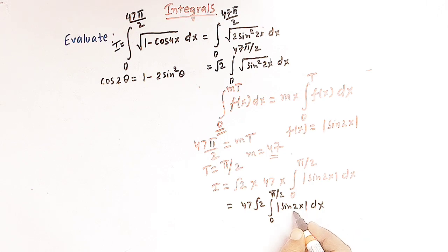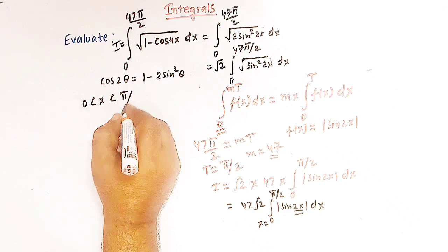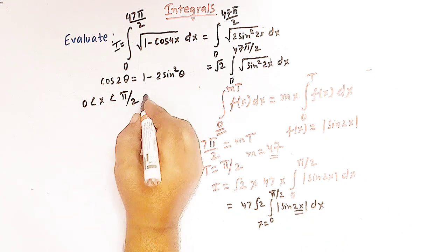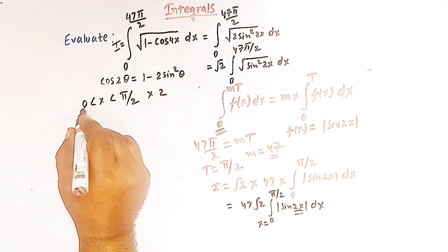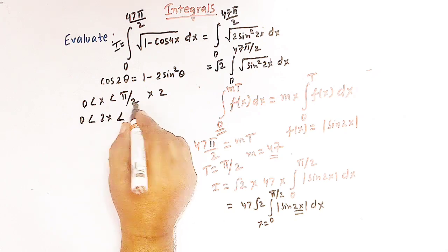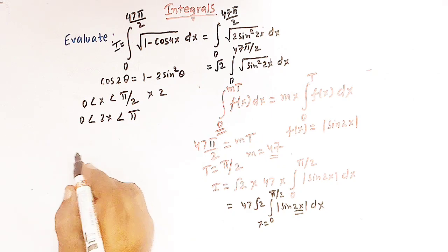Now see here, the value of x varies from 0 to pi by 2, right? And here we have sine of 2x. So if we multiply this inequality throughout by 2, here we get 0, and here we have 2x, and here this 2 and this 2 get cancelled, so we are left with only pi, right?